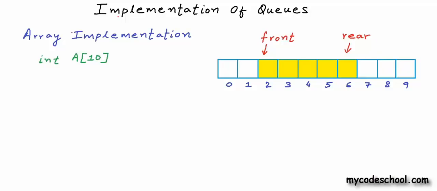So if at any stage a segment of the array from an index marked as front till an index marked as rear is my queue, and rest of the positions in the array are free space that can be used to expand the queue, to insert an element to enqueue, we can increment rear.